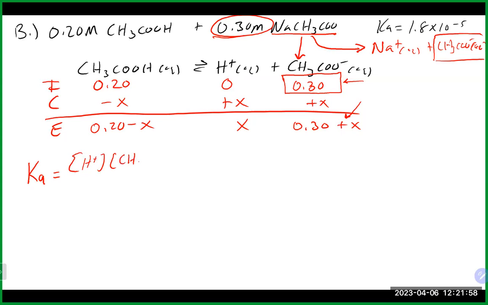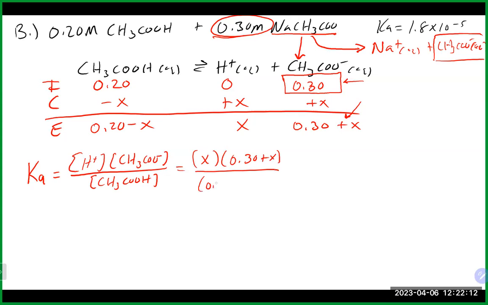So that'll be our products divided by our reactants. And putting those values in gives us X times 0.3 plus X divided by 0.2 minus X equals our Ka value, 1.8 times 10 to the minus 5.